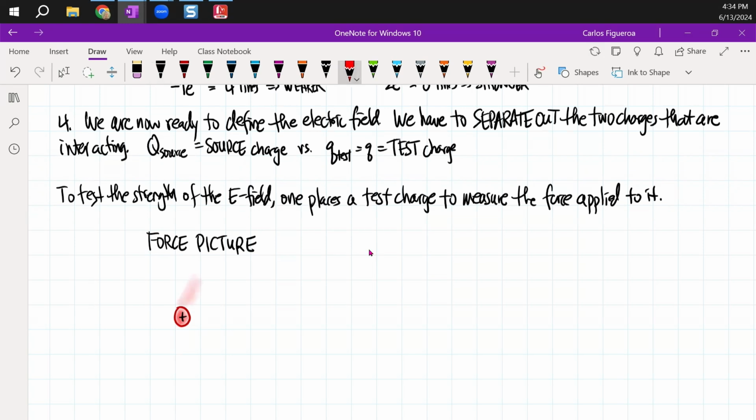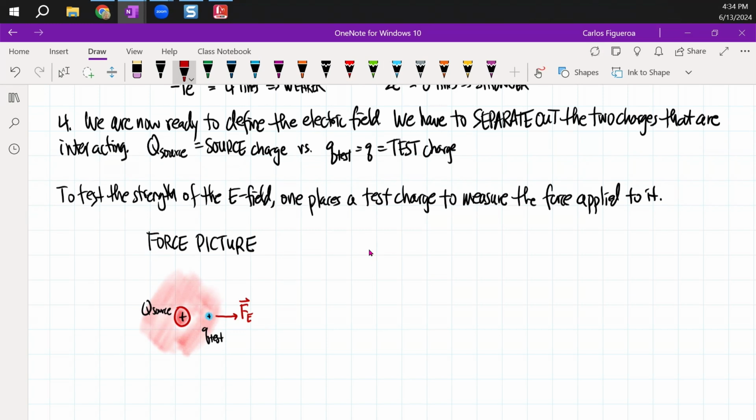I imagine that I have a field. And as we said before, I must have two interacting fields. So then I have a test charge right here. When I place this test charge here, because it's like the thermometer, it experiences an electric force.